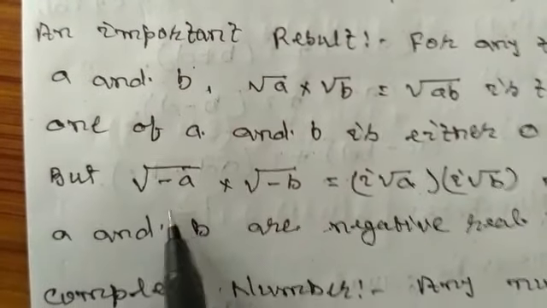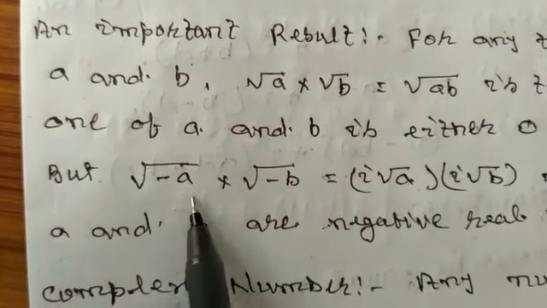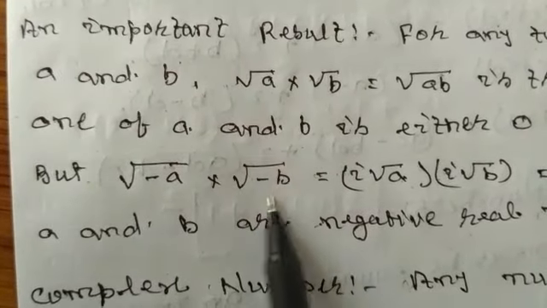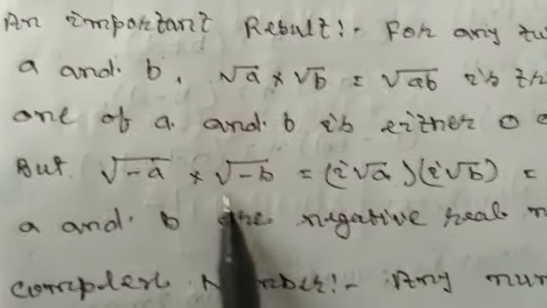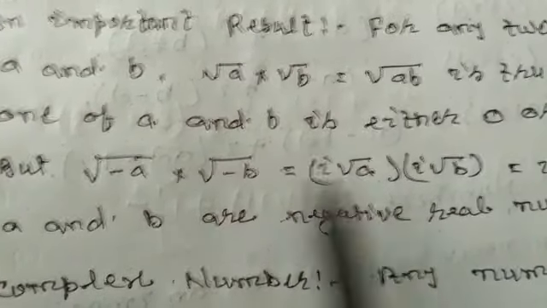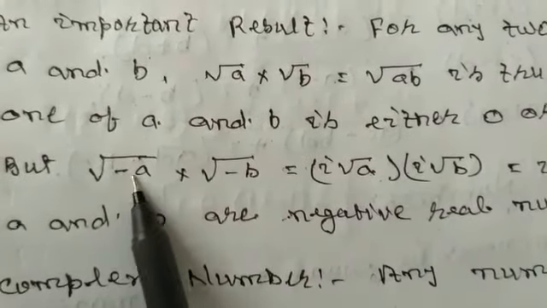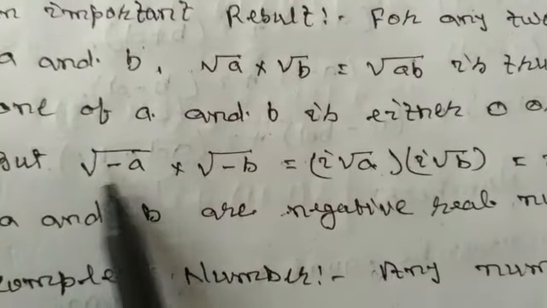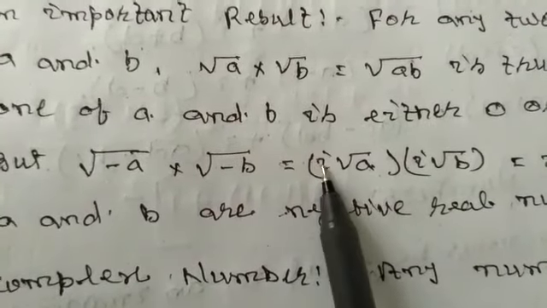But in case of negative, take under root minus a into under root minus b. That can be written like i under root a, because this minus 1 can be replaced by i square, and the square root of i square will become i.